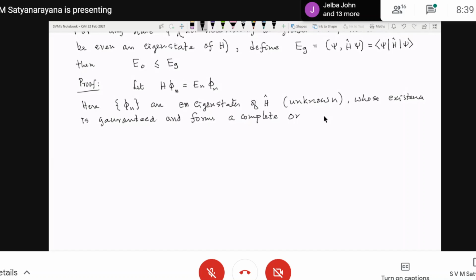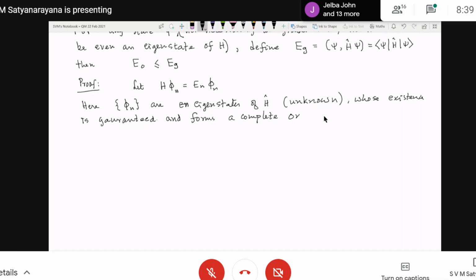So that gives the sum over m comma n of Cm star Cn En times the inner product of phi m and phi n. But they are orthogonal, so this is the Kronecker delta mn.